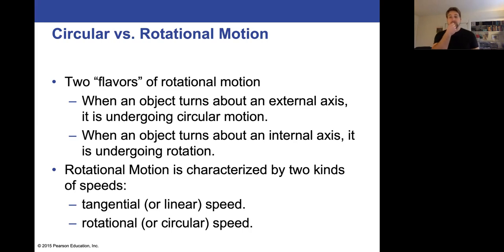As we've already seen, rotational motion, whether it's circular or not, is characterized by two kinds of speed. Tangential, which is linear, that's the speedometer, and rotational, or circular speed, which is how many circles per time. How much circle per time.